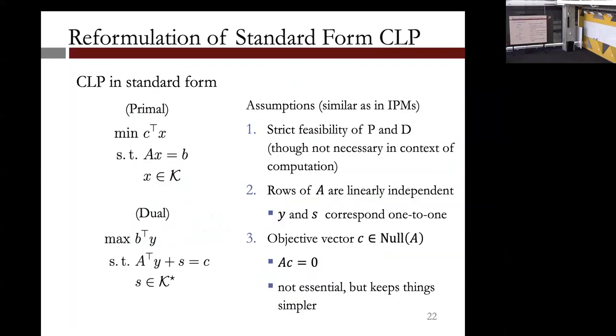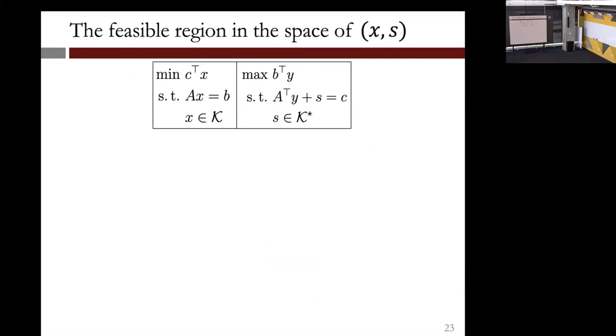I'm going to make the following assumptions for convenience: that the primal and dual are each strictly feasible, meaning there's a feasible solution in the interior of the cone, and one where S is in the interior of the dual cone; that the rows of A are linearly independent; and that the objective vector sits in the null space of A. All that says is that you could think of the objective vector itself as a feasible direction. That's just for convenience.